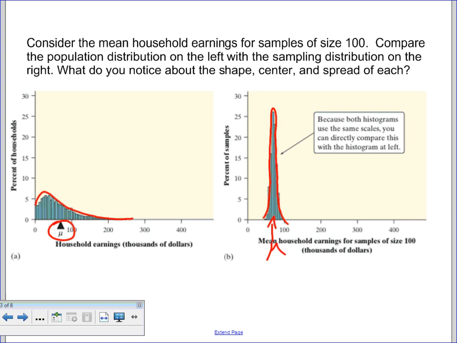So they have different shapes, right? But they have the same center, and they have different spreads. And so we're going to have to look in a little bit more detail when we get into the sampling distribution of x bar and what kind of shape it's going to have.